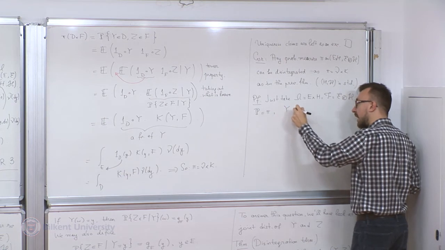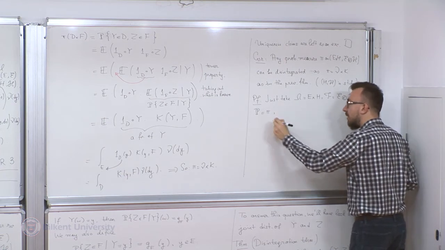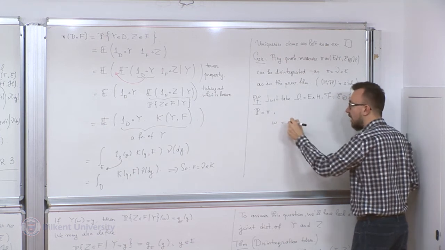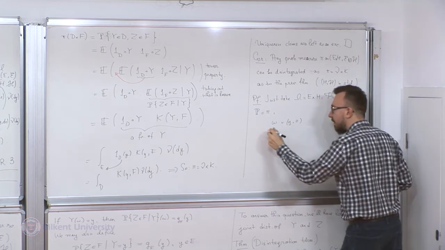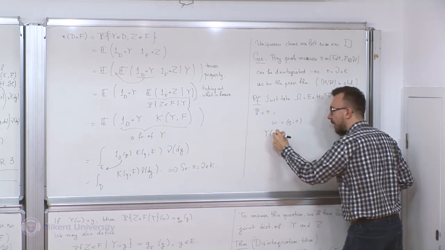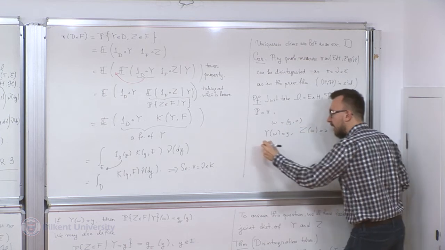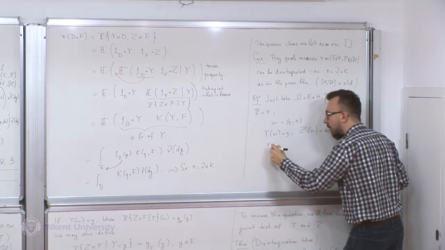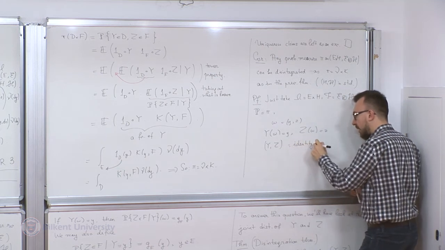So an omega here is just a pair (y, z), right? Therefore, just define Y of omega as y and Z of omega as z, so that this vector (Y, Z) is the identity function.